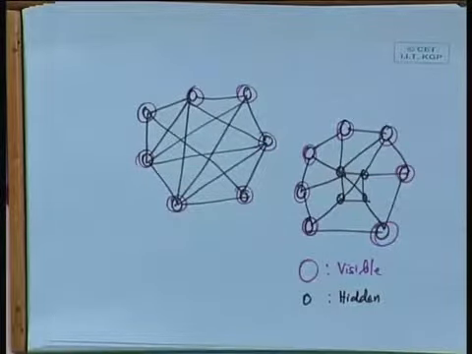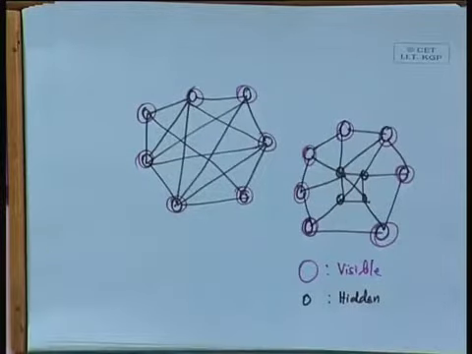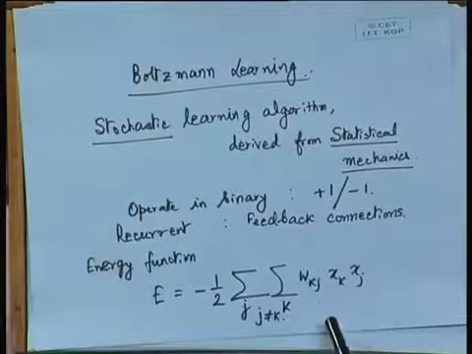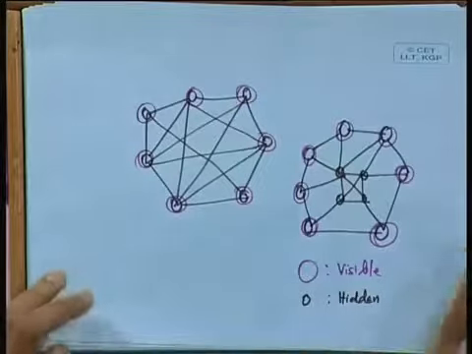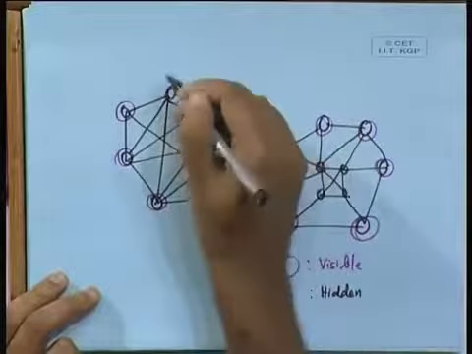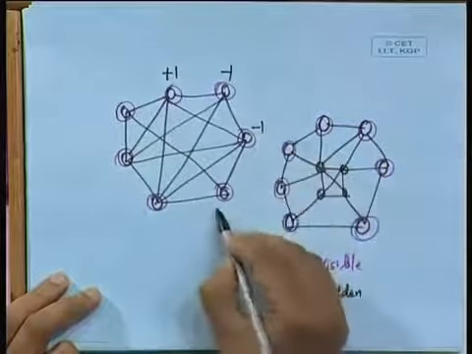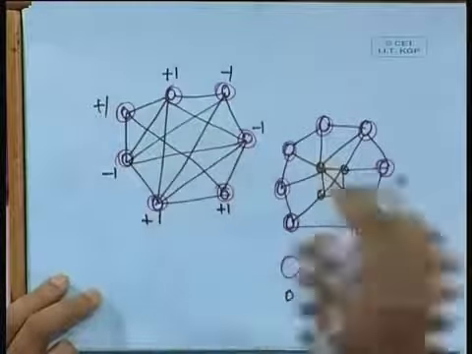Now, what the Boltzmann network is really saying is that when you have an energy like this, this energy is defined for a particular state of the network. And what is meant by the particular state? You take a network like this, and suppose you have some particular state, say this is at +1, this is at -1, this is at -1, this is at +1, this is at +1, this is at -1, this is at +1, something like this.